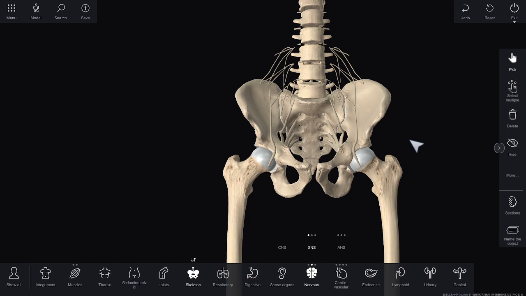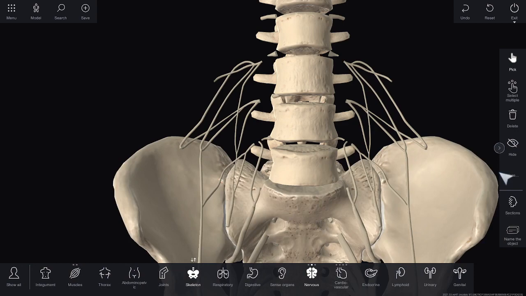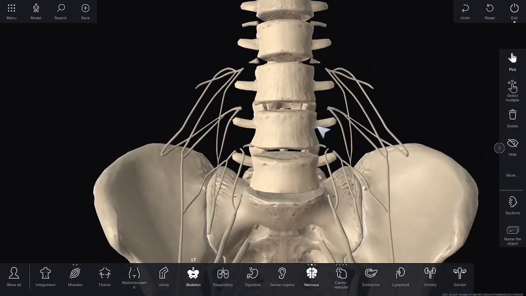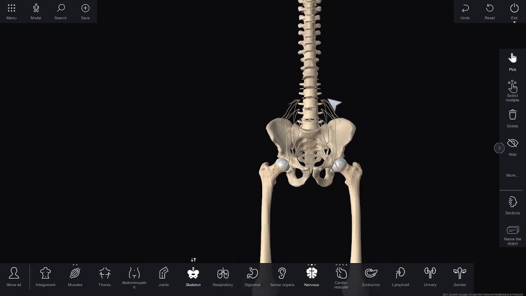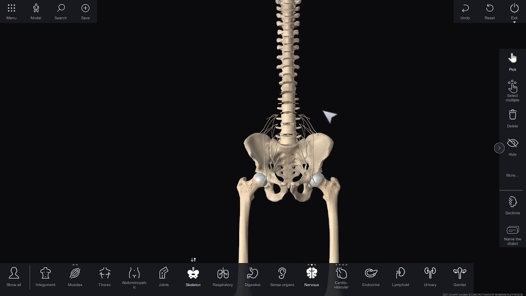And now let's try to understand what it is. A very interesting instrument is this sections here. Let's count the vertebrae.